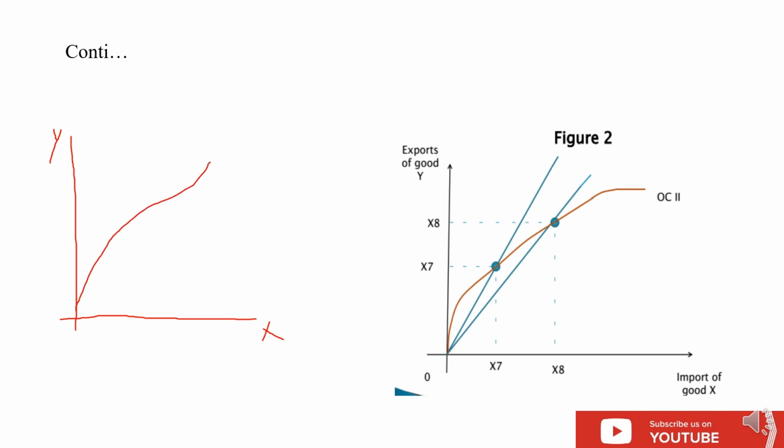This is one country's offer curve and this is the second country's offer curve. And this is the terms of trade line. So this is country A and this is country B offer curve. And this is the terms of trade line, TOT.